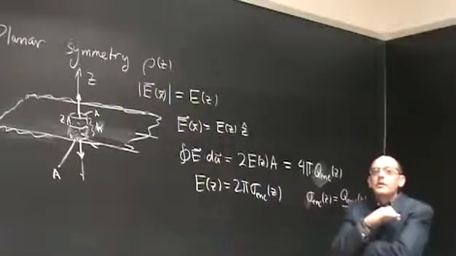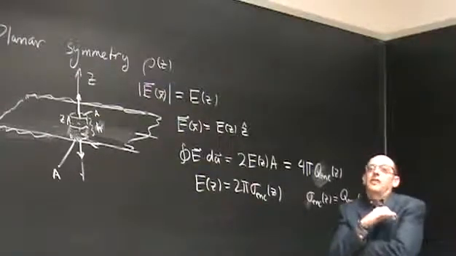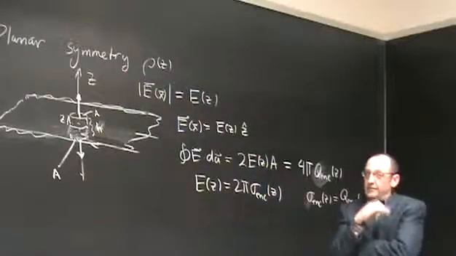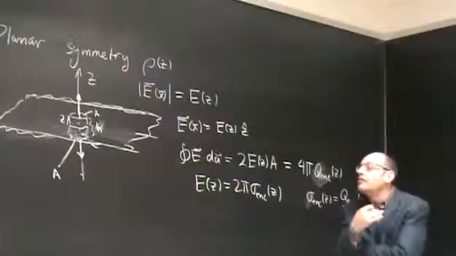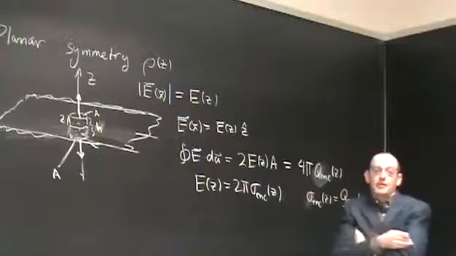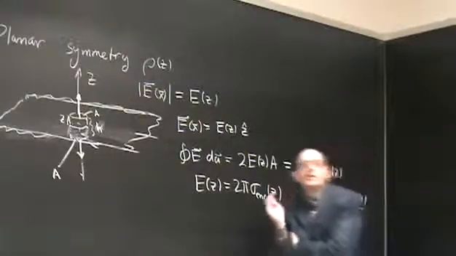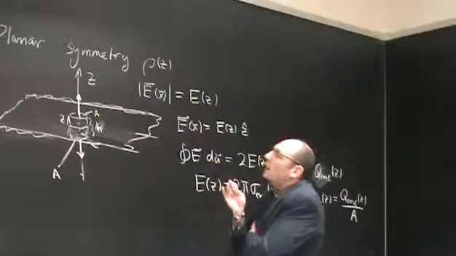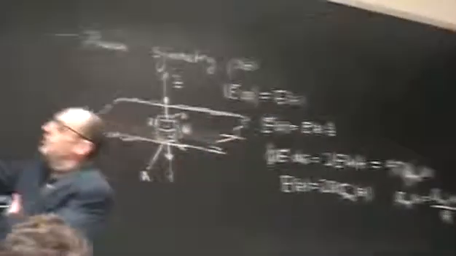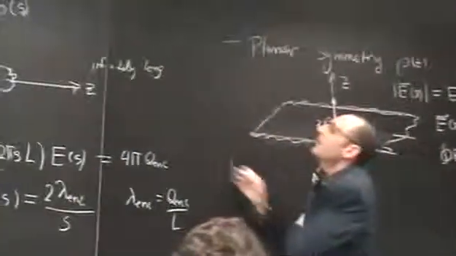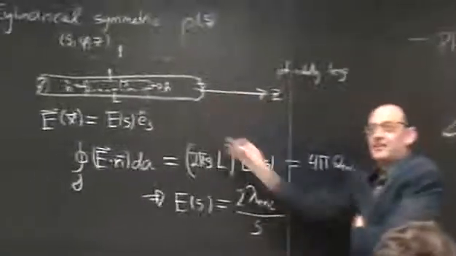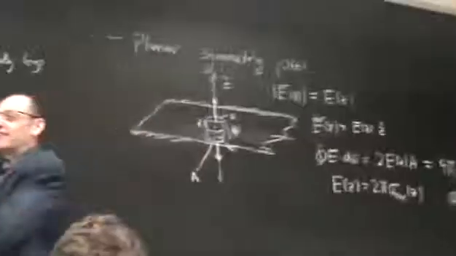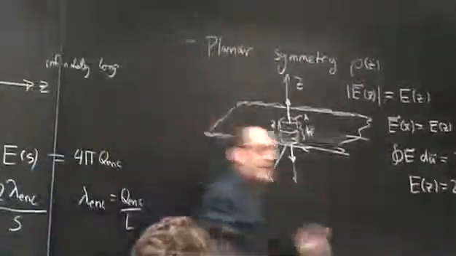Now, of course, we don't necessarily have perfect symmetry, so then we have to have some idea of how good of an approximation it is. One way we could see that is, for example, we just discussed in these 2 cases that we needed an infinitely long cylinder or an infinite plane. Now, I don't have any infinite cylinders, nor any infinite planes. So what was the point of this?